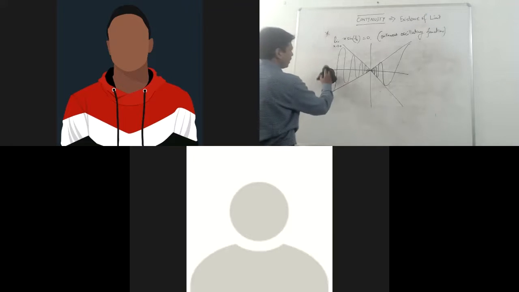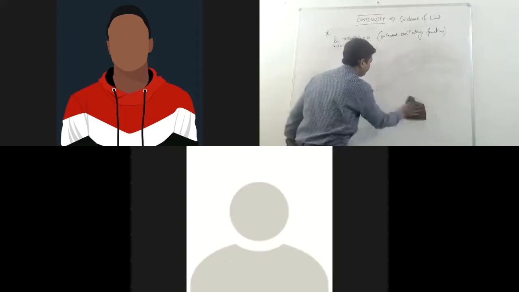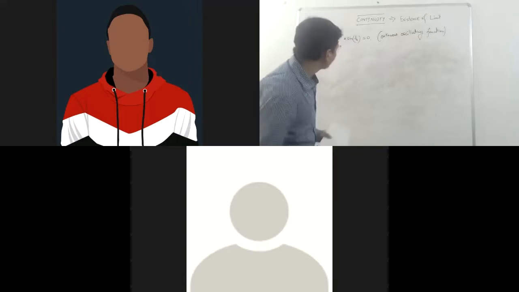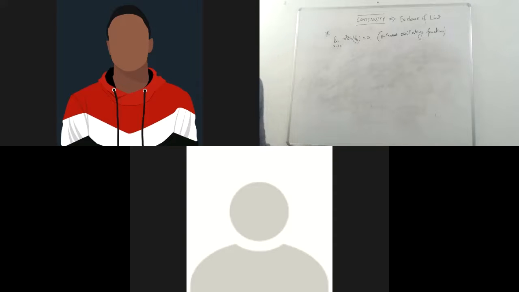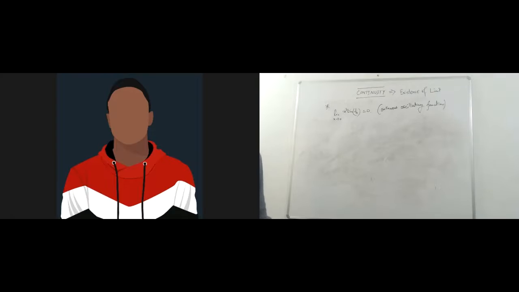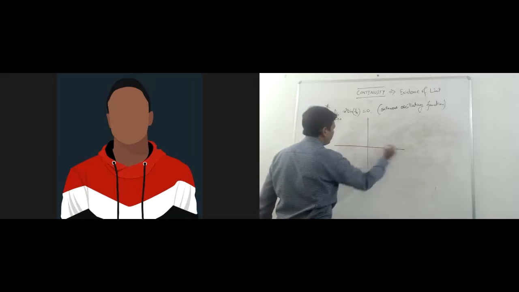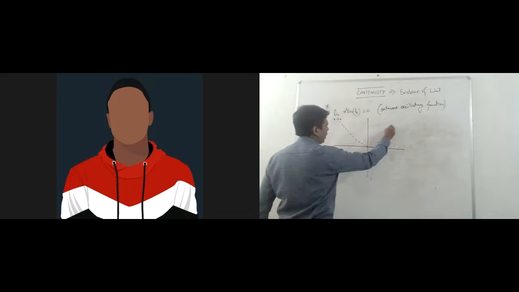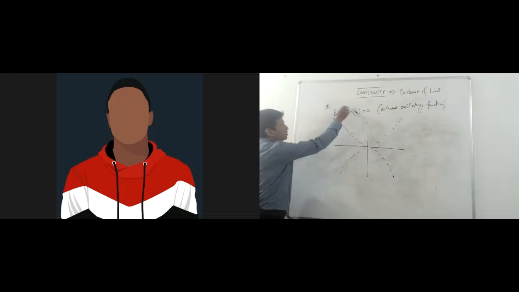Another, I will show you the last one in this section. X squared. This is also okay. Again, it is continuous. So how? Parabola. Because y equal to x square is a parabola.